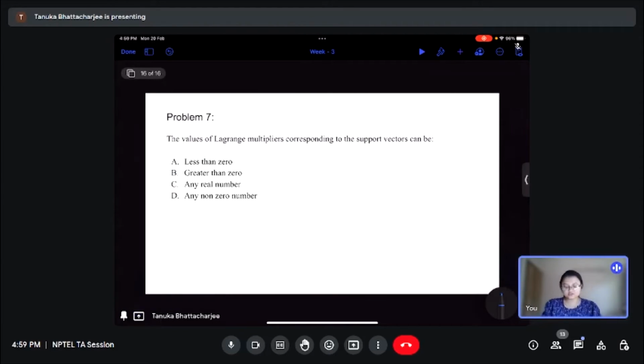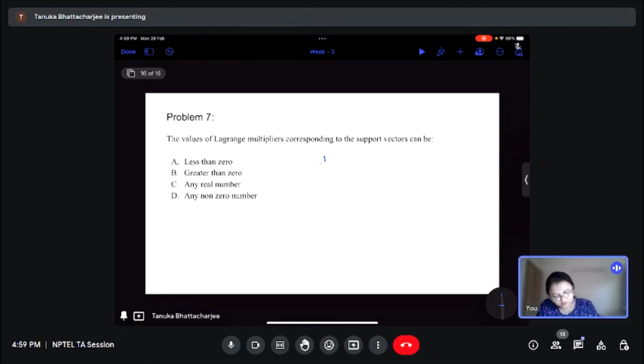Now the last question that I have is: the values of the Lagrange multipliers corresponding to the support vectors can be less than 0, greater than 0, any real number, or any non-zero number. This is the Lagrange multiplier that we use while forming the loss function for SVM optimization.